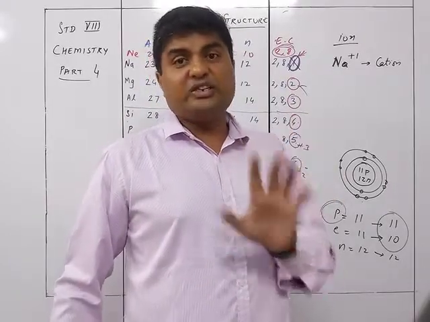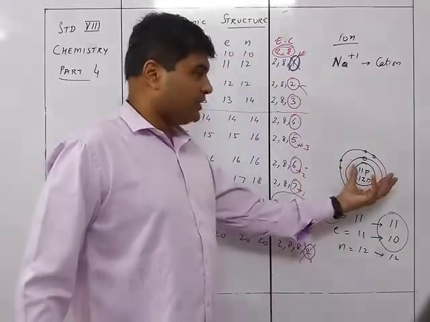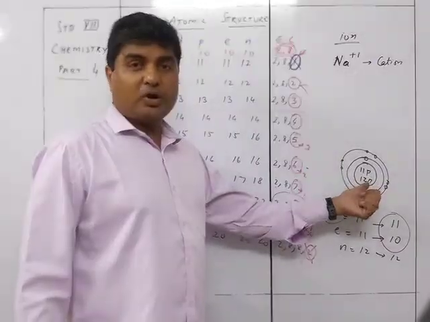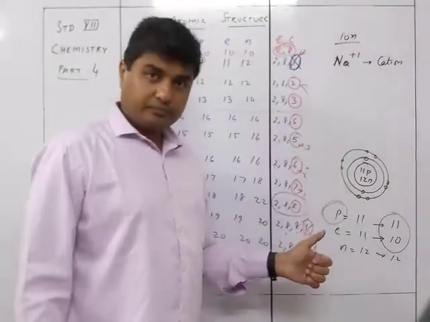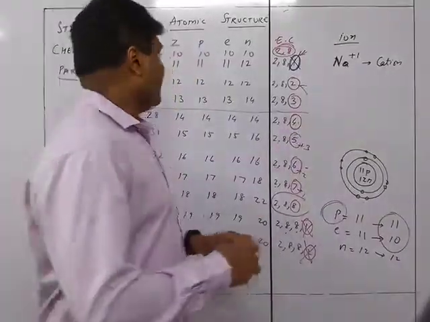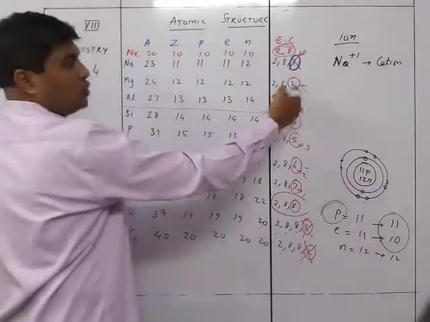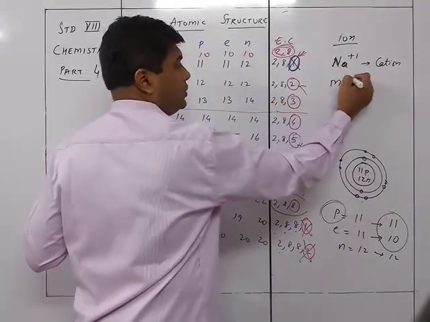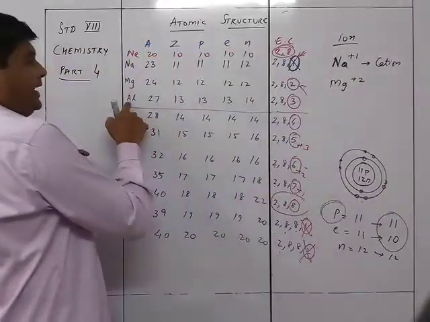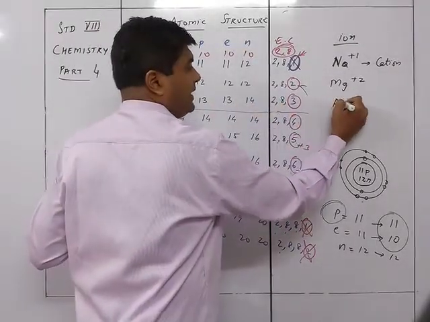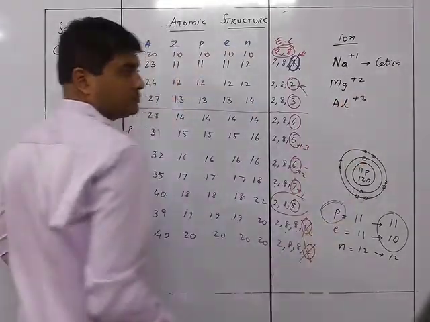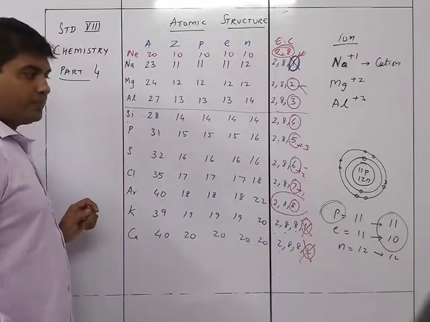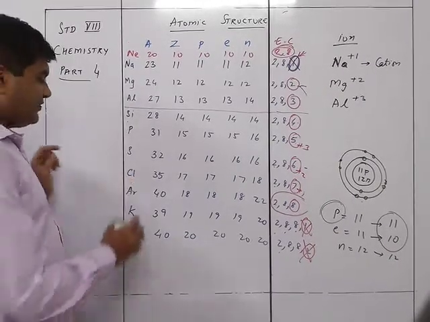It is a positively charged body. This is now positively charged. Why? Because the number of P and number of E are not the same. Similarly over here, magnesium is going to lose 2 and it will become Mg2 plus. Aluminum is going to lose 3, it will become Al3 plus. Okay. Now let's see the condition for chlorine.